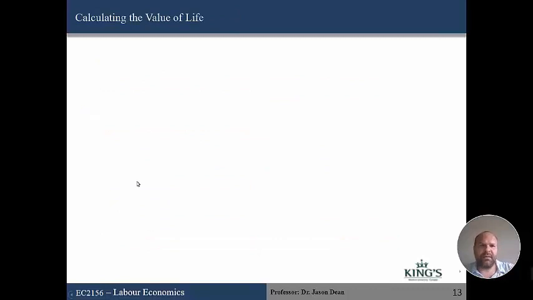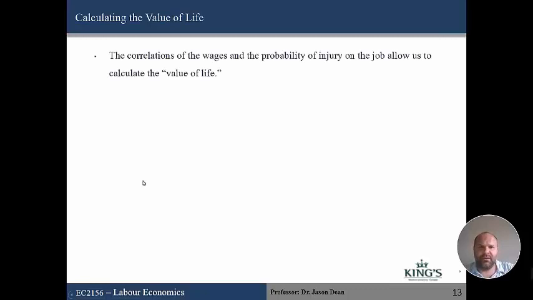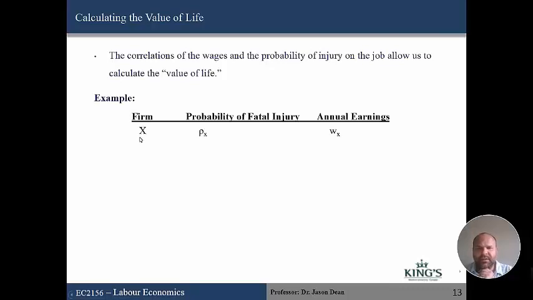So let's talk about calculating the value of life. We can actually use some of the ideas here to tease out some numbers to get the value of a human life by looking at correlations between the probability of injury on the job and the wage. So let's look at an example. Suppose we have firm X, the probability of fatal injury is rho X, and annual earnings are WX.